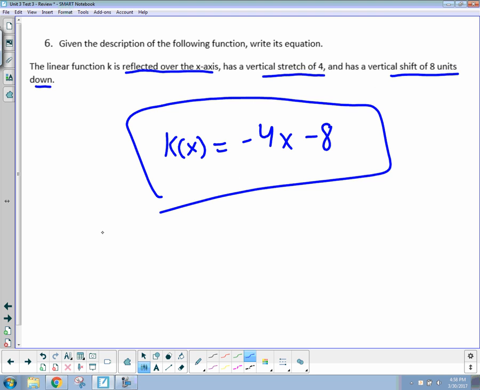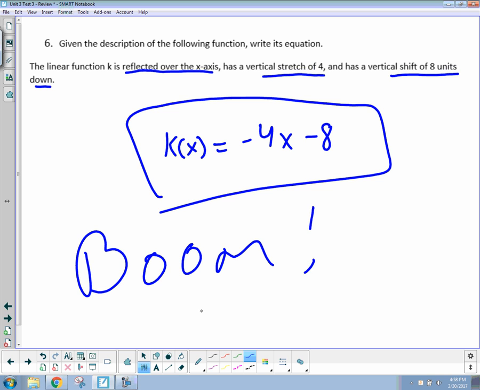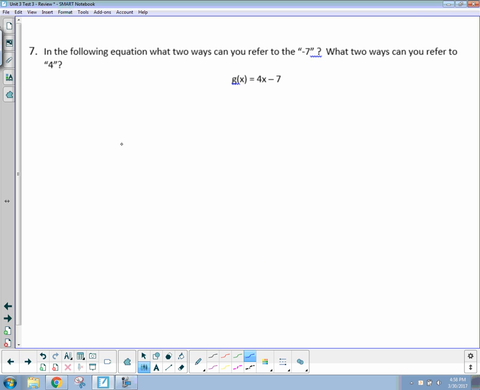Moving on. 7, in the following equation, what 2 ways can we refer to the negative 7? What 2 ways can we refer to the 4? Let's see here. We could say the negative 7 is the y-intercept of the line, so 0, negative 7.